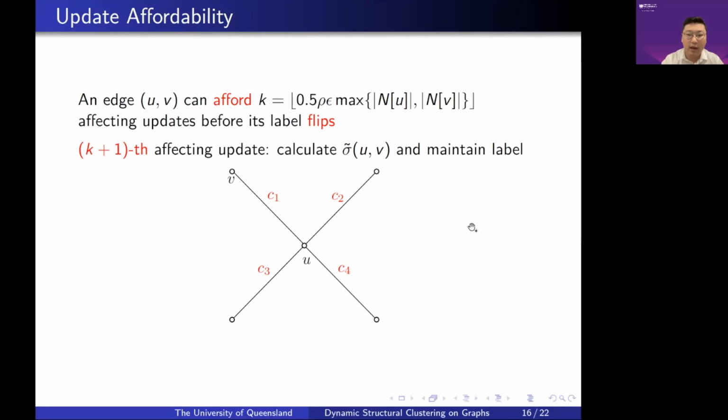For example, if an affecting update that involves U comes, we need to increase C1, C2, C3, and C4 all by 1. We notice that such an affecting update affects the value of C1, C2, C3, and C4 equally. So our goal is to use one single counter to count the affecting updates that involve U.